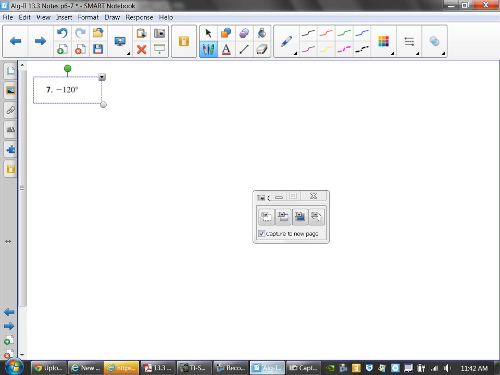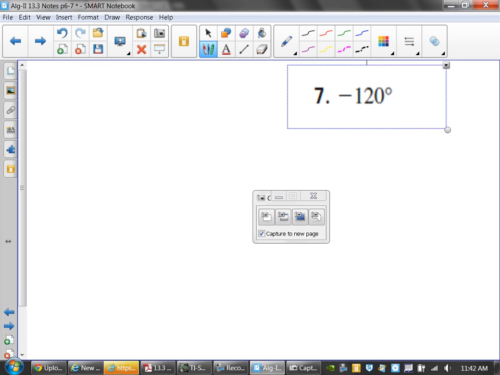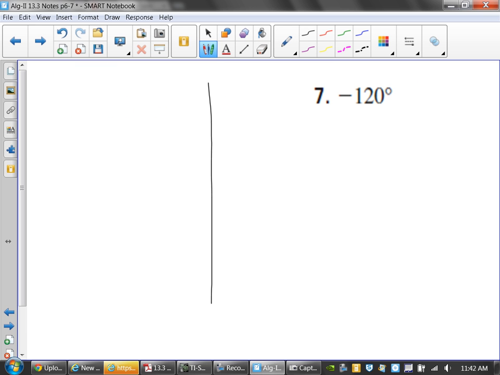All right. If I'm at negative 120 degrees, what quadrant do you wind up in? Third quadrant. Negative 90 to negative 180. There's your negative 120 degrees. We went the other direction.